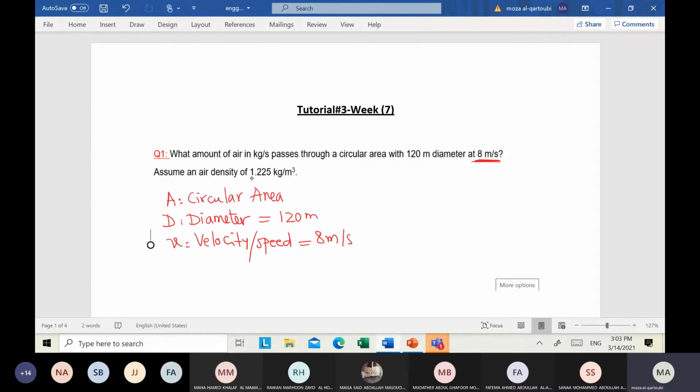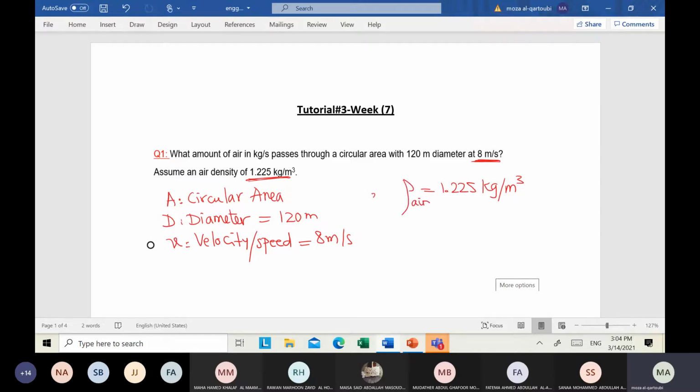Also given the symbol of air density. The symbol of air density, this value equals 1.225 kilogram per meter cube. The symbol should be the Greek letter rho. This is rho of air, okay?